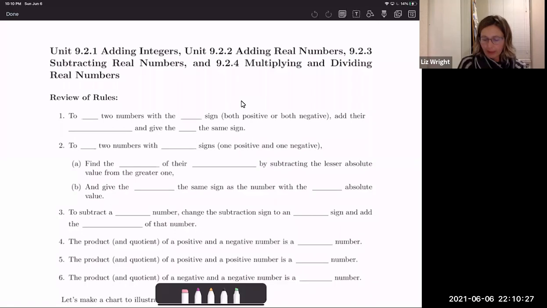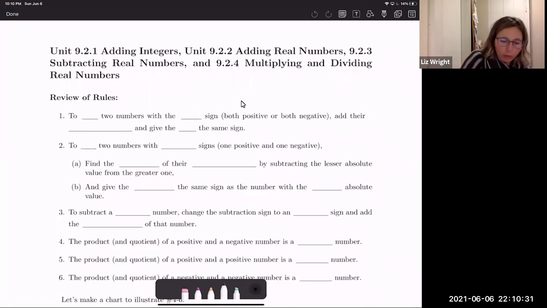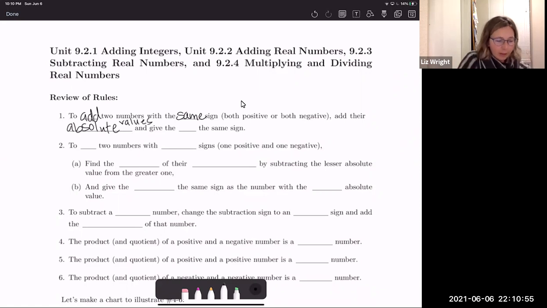So the first thing we are going to be adding in here, it says review of rules to add is our first blank. To add two numbers with the same sign, whether it's both positive or both negative, you are going to add their absolute values, and give the sum the same sign.